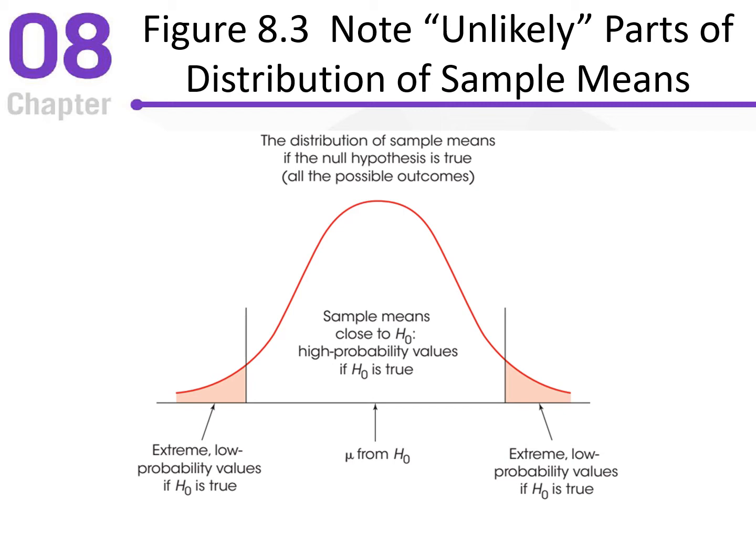But there is a small chance that the null could be true and you could get an extreme value in these tails. And that would basically mean that there was a difference, but that difference is due to chance. It's due to what is called sampling error. Just random chance, random variation.